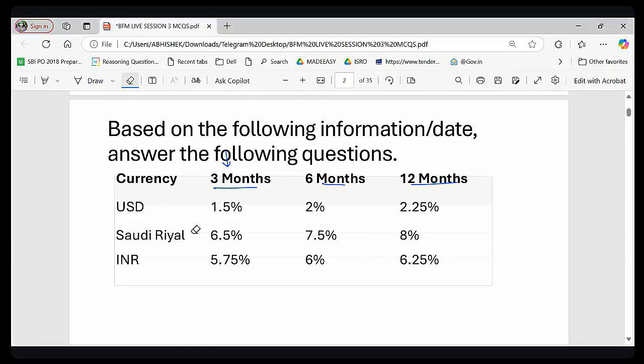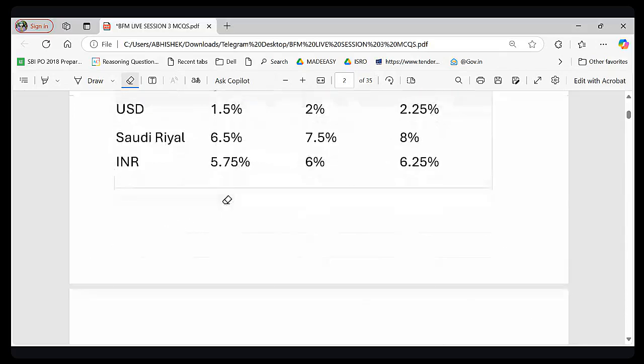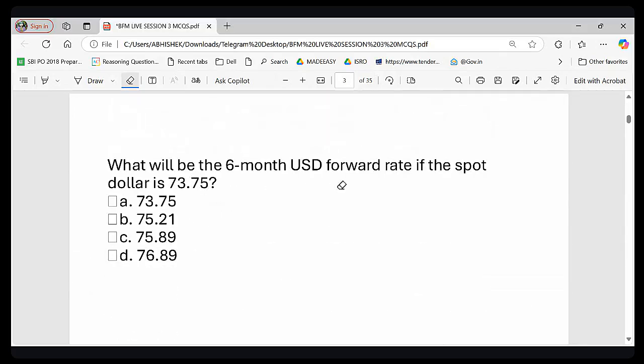Take a moment to read it carefully and type your guess in the chat. I want everyone to participate. Whatever you think is correct, just type in the chat box.